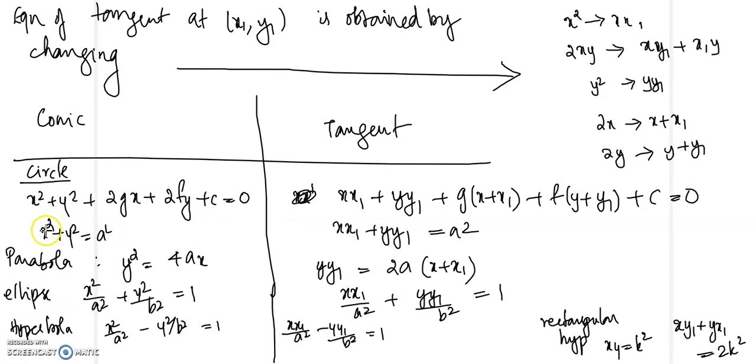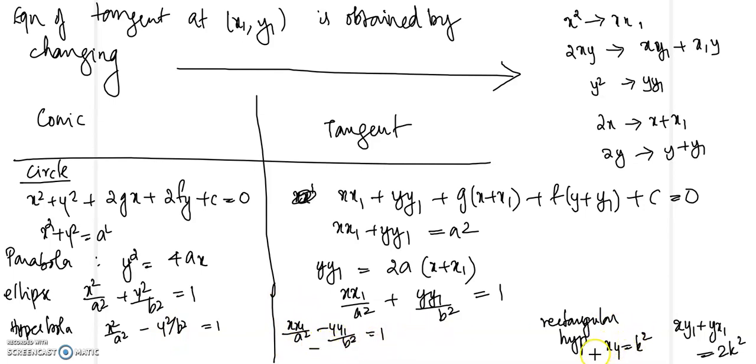For a circle x square plus y square equal to a square, the equation of tangent will be xx1 plus yy1 equal to a square. For a parabola y square equal to 4ax, it becomes yy1 equal to 2a into x plus x1. For an ellipse, xx1 by a square plus yy1 by b square equal to 1. For a hyperbola x square by a square minus y square by b square equal to 1, it becomes xx1 by a square minus yy1 by b square equal to 1.